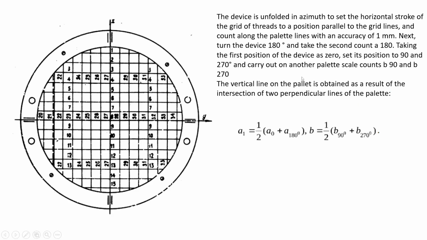The device is unfolded in azimuth to set the horizontal stroke of the grid of grids to a position parallel to the grid lines, and count along the palette lines with an accuracy of 1 millimeter. Next, we should turn the device by 180 degrees and take the second count.